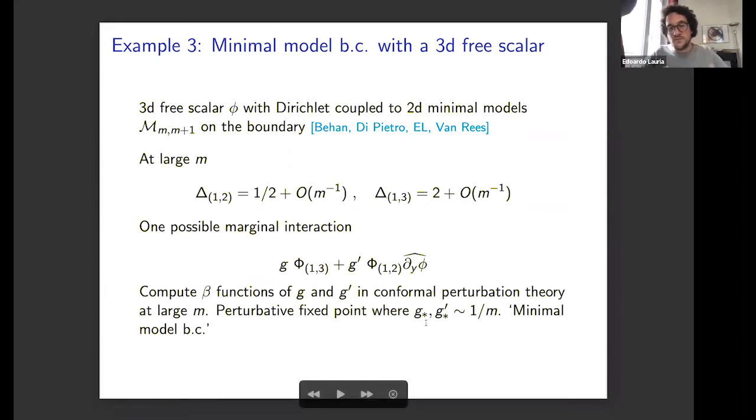So these are points where the bulk and the boundary are coupled, and in a sense, you can think that they define large M minimal model boundary conditions. So for every M large enough, there is a way to couple these minimal models to the bulk and obtain a consistent, interacting conformal boundary condition.